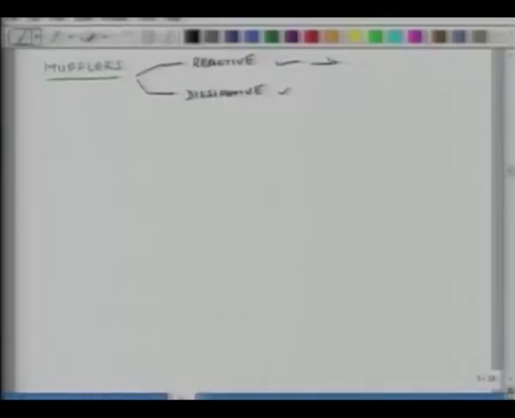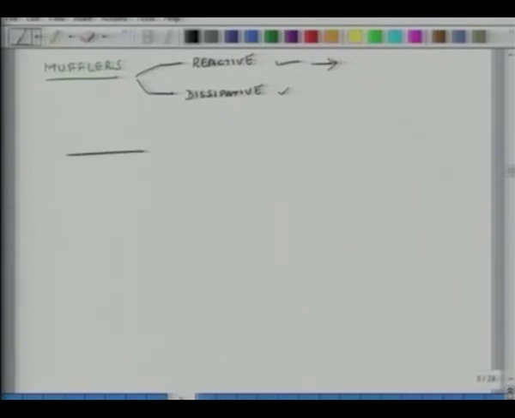In reality, mufflers are a hybrid. They rely on both reactive plus dissipation traits, so they are a mix of these two. Within reactive, what we will talk about today is a particular type of muffler called the expansion type muffler.